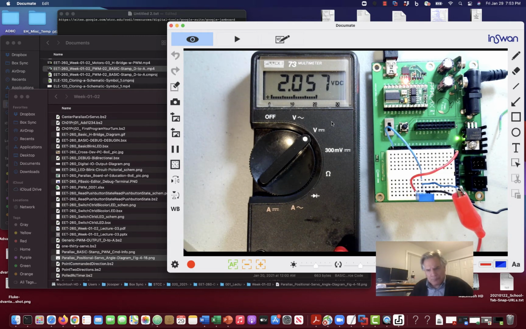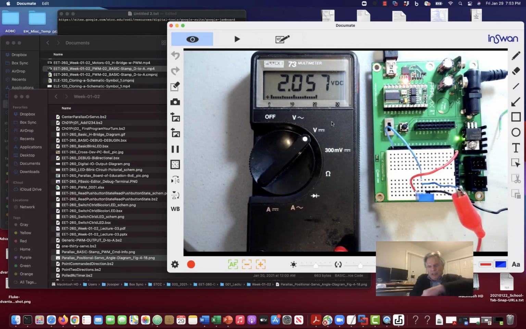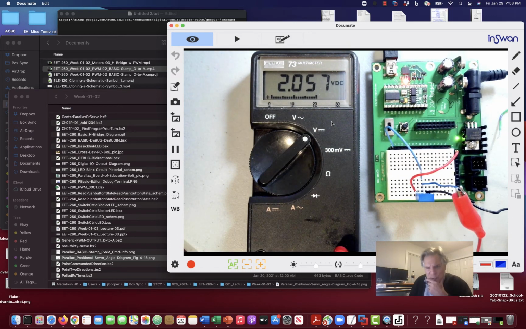But at any rate, we still have the problem of being a digital microcontroller and trying to come up with some way of measuring analog voltages. So let's learn a little bit about the way our digital inputs work.